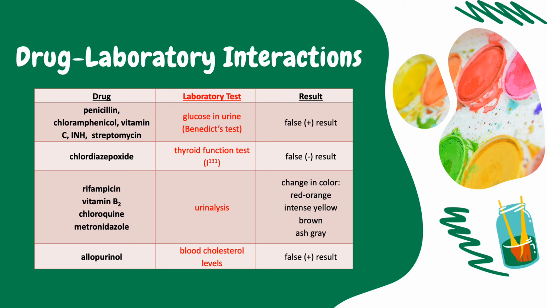The next type of drug interaction is between drug and laboratory tests. Penicillin, chloramphenicol, vitamin C, isoniazid, and streptomycin can alter glucose in urine and can provide false positive results, while chlordiazepoxide can also alter thyroid function tests and can provide false negative results.